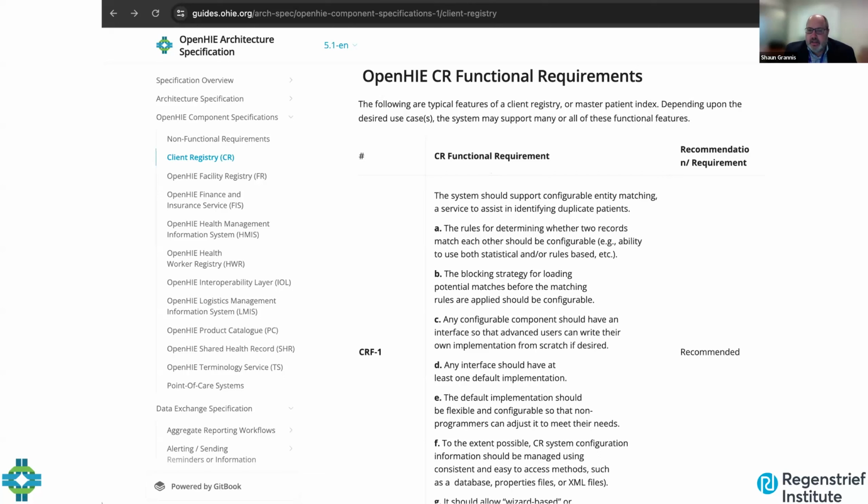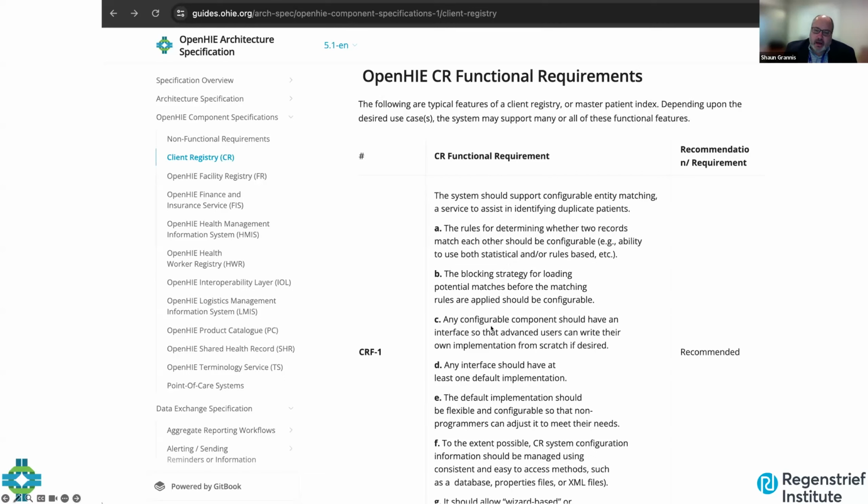But these are the non-data exchange requirements for the client registry. We expect that there are appropriate rules for determining matches, or individuals who are the same. It should be configurable. We expect that there's a blocking strategy, a strategy to quickly scan records.